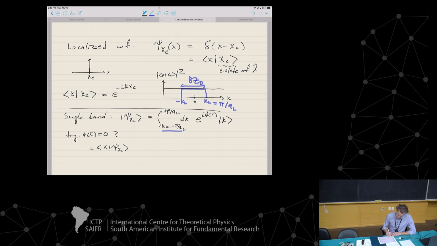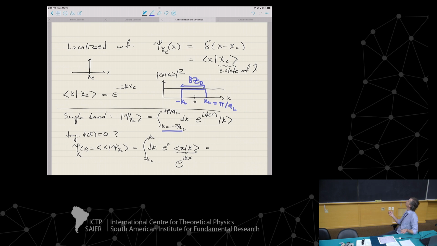If I want to write out this new wave function as a function of x, now I have this integral dk. I'm setting this phase equal to 0, and now I have the same plane waves and momentum I used to have. This is just e to the ikx, right? And I'm going to integrate this from minus KL to KL.